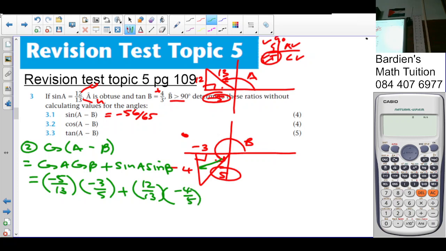That gives us negative 5 divided by 13 multiplied by negative 3 divided by 5, plus 12 divided by 13 times negative 4 divided by 5. That gives us 27 over 65. Is that correct? No.